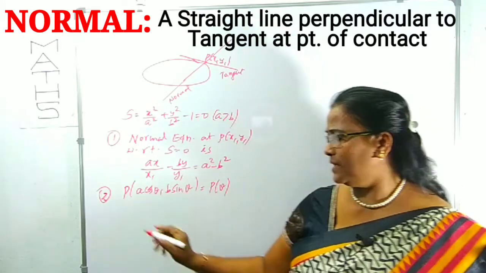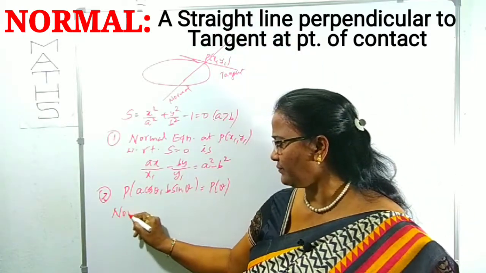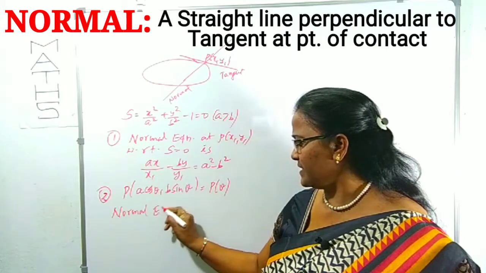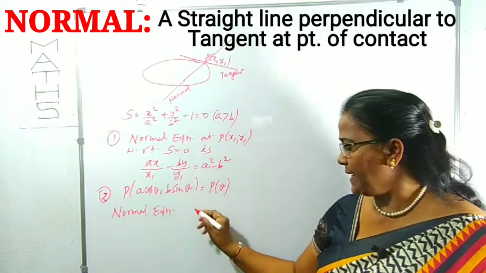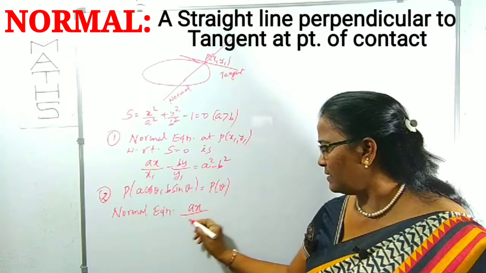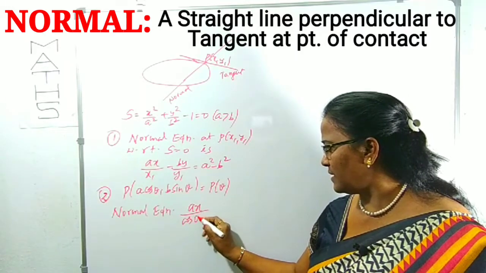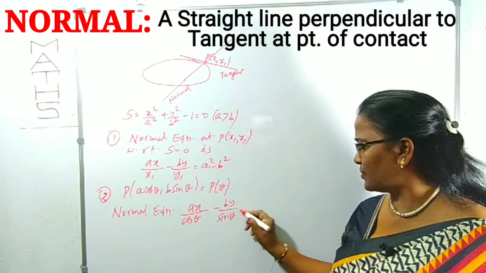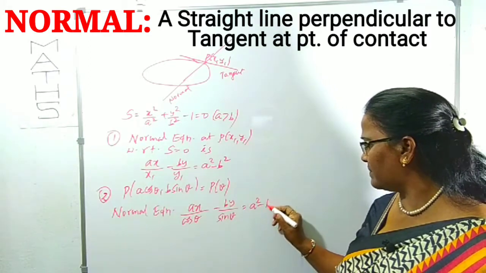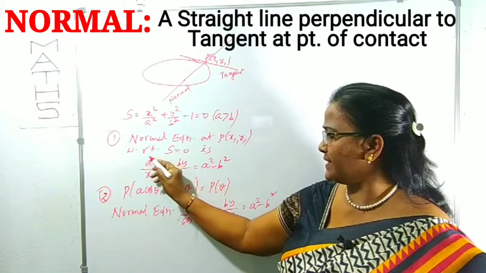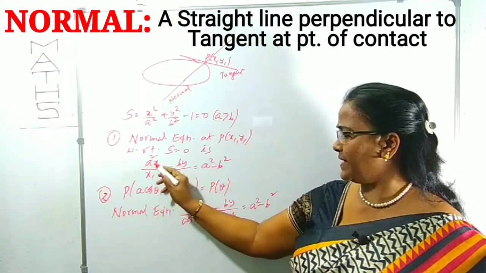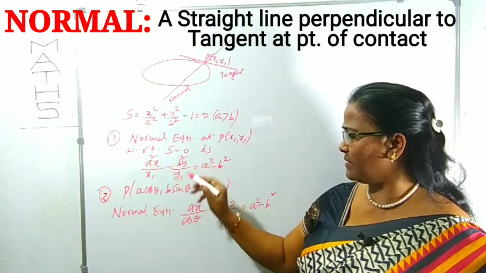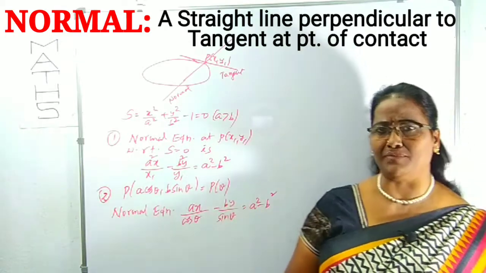At this point, the normal equation is simply ax by cos theta minus by sin theta is equals to a square minus b square. Here, a square x by x1 minus b square y by y1 is equals to a square minus b square.